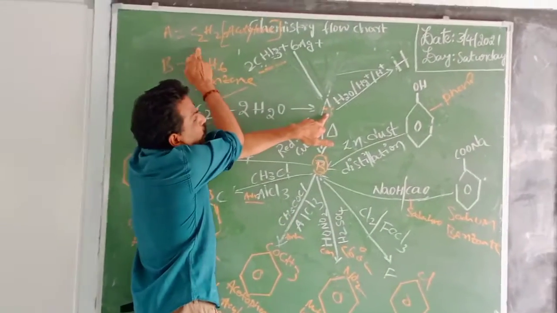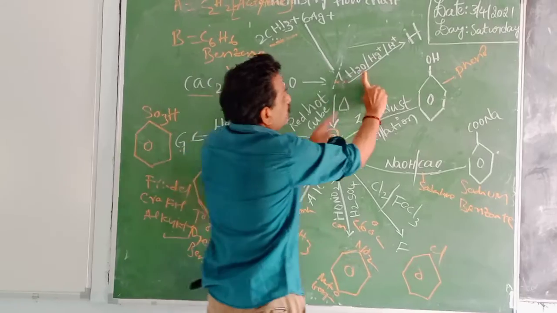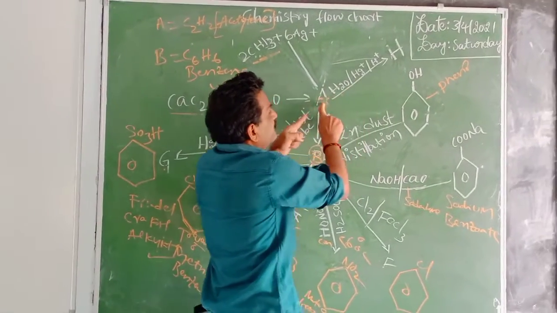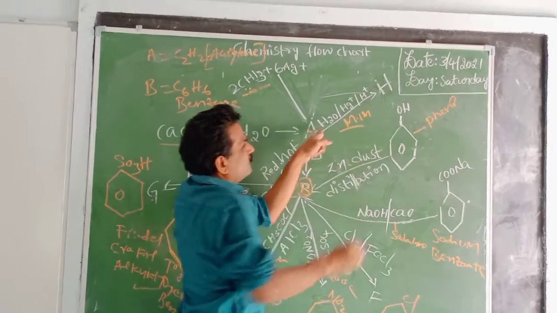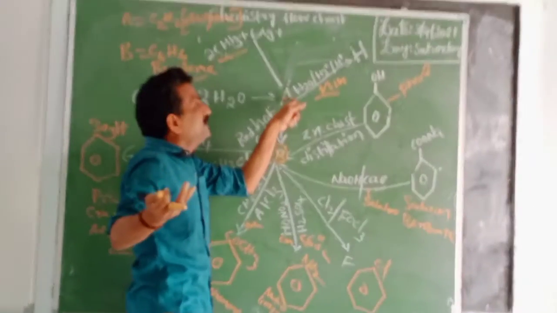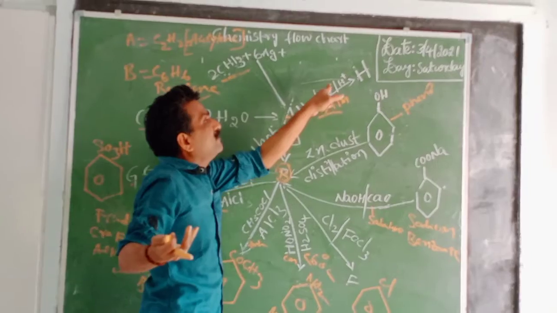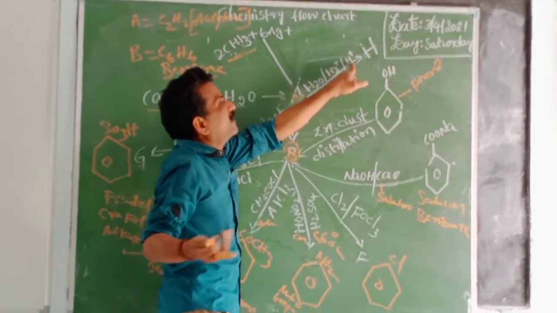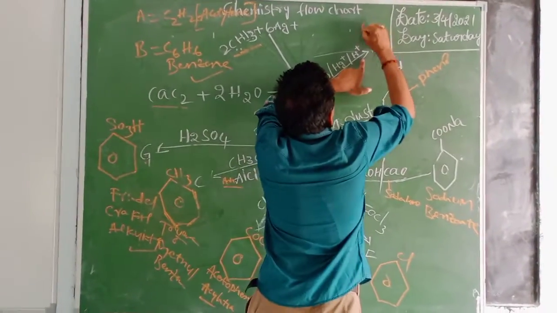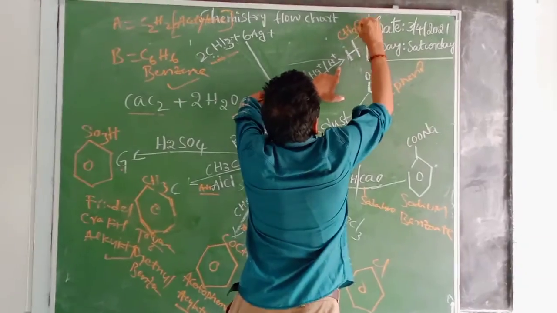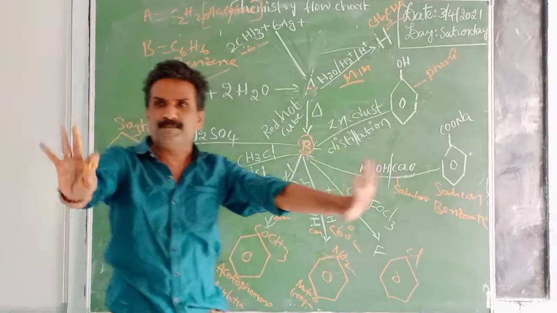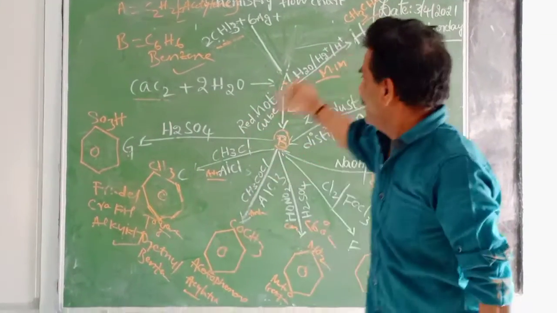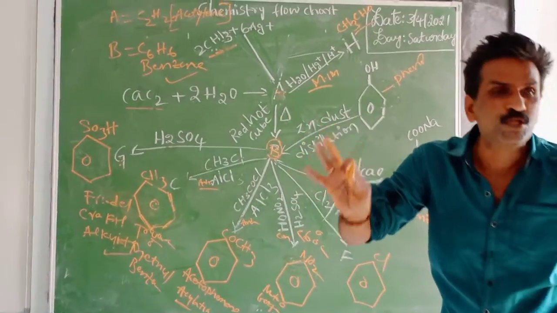Acetylene means C2H2. This is the most important one, a 2 marks question on properties. Acetylene reacts with water in presence of mercuric sulfate and hydrolysis, we get acetaldehyde. H is acetaldehyde. So this is the complete picture, nothing but a flow chart.